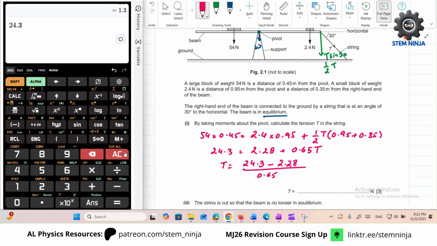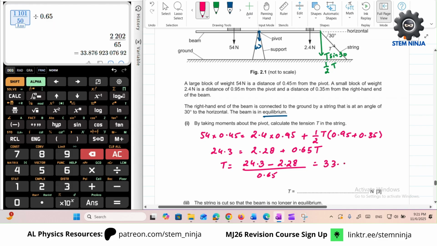So 24.3 minus 2.28 divided by 0.65 is 33.876 newtons, so roughly 34.